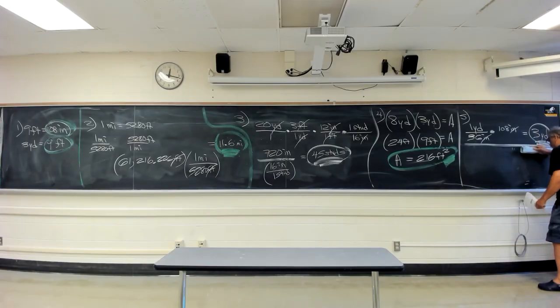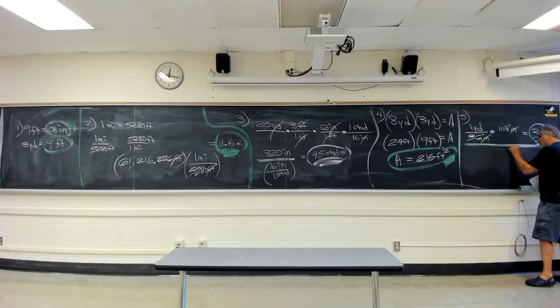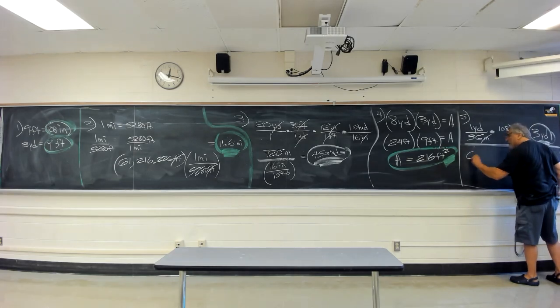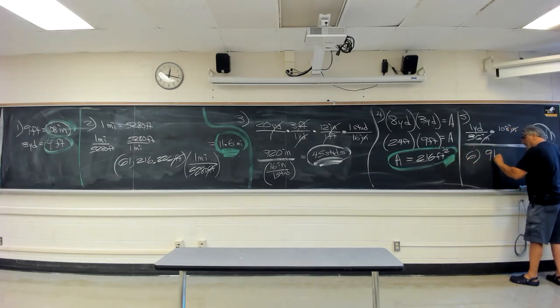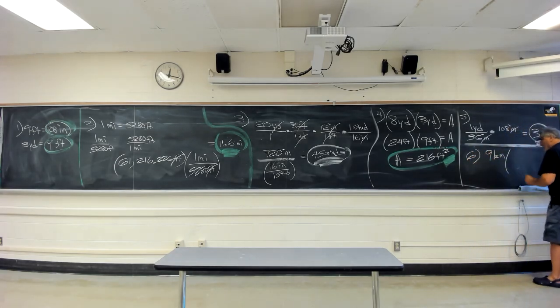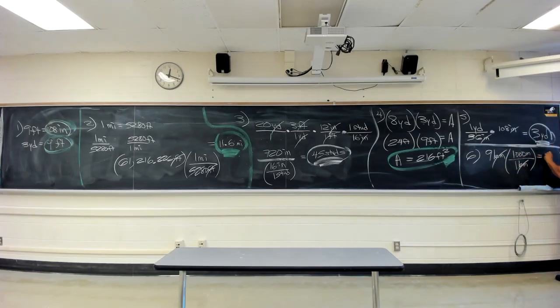So let's make this probably a lot more reasonable. Maybe I'm overthinking this. 9 kilometers, and there are 1,000 meters. There we go. 1,000 meters for every 1 kilometer. 9 times 1,000.